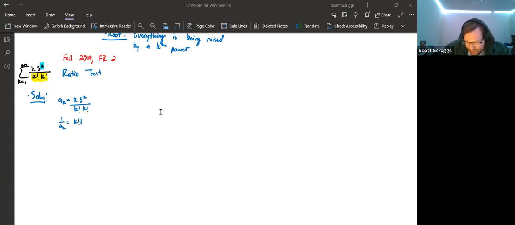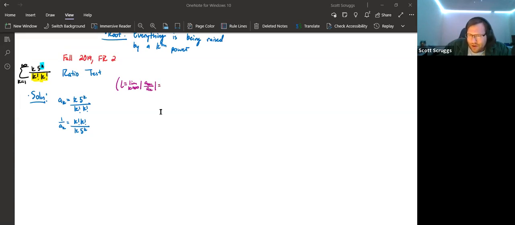In particular, I am going to write down the reciprocal of a of k. And the reason why I'm writing down the reciprocal of a of k is because for ratio tests, what you're calculating is the limit of the ratio of a of k plus 1 over a of k under the absolute value.